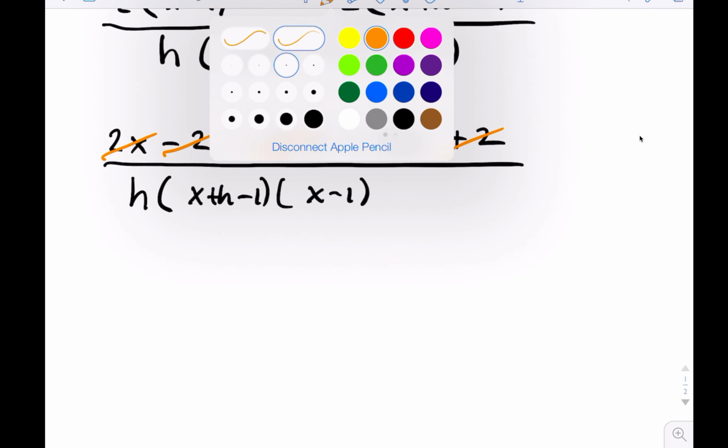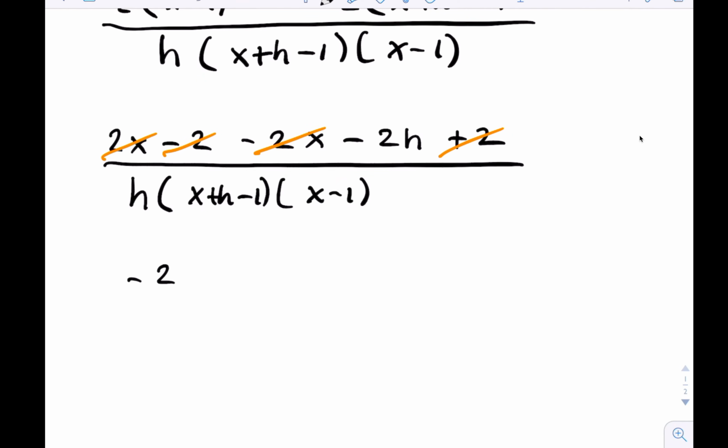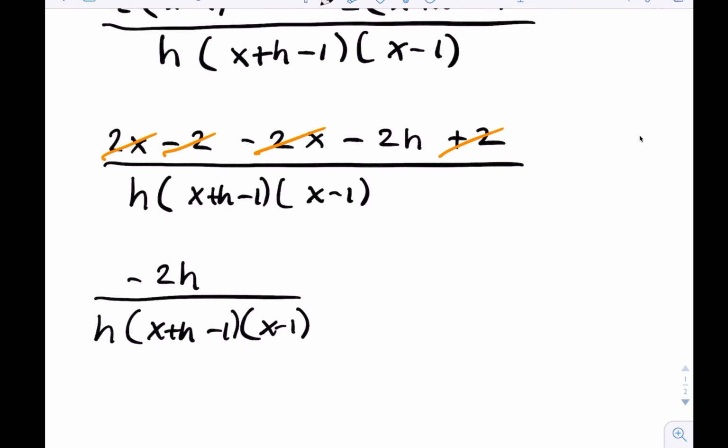So now I'm left with negative 2h over h times x plus h minus 1, x minus 1. And again, I can now cancel out my h term here and my h term here. So you're now left with your final answer of -2 over x plus h minus 1, x minus 1.